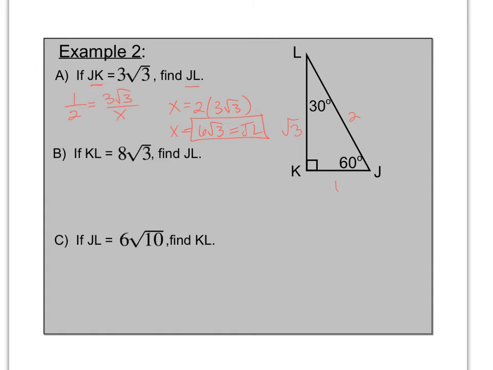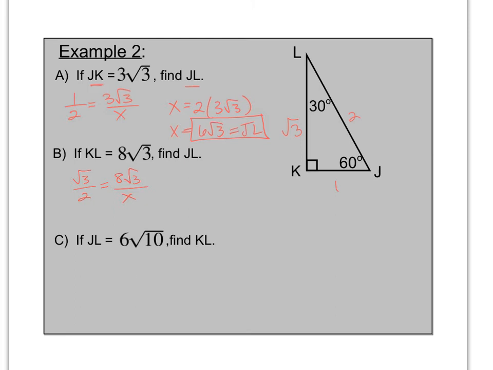Why don't you guys pause the video, try parts B and C, and see if you can get those. KL and JL have a ratio of root 3 to 2. And then 8 root 3, we don't have the other one. Cross multiply.